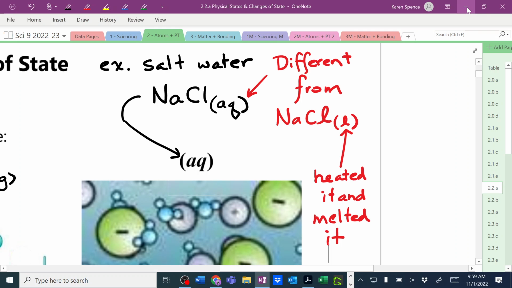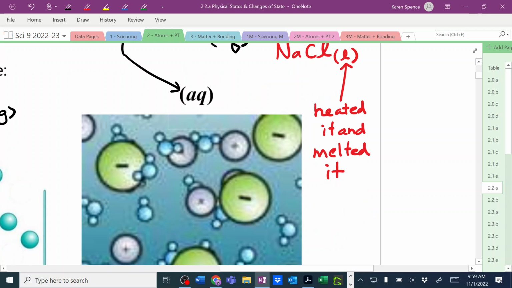This may take a moment. It's running a little slow today. What's that? 801 degrees Celsius, thank you. Okay, so we would have to get to 801 degrees Celsius. That is not very convenient.